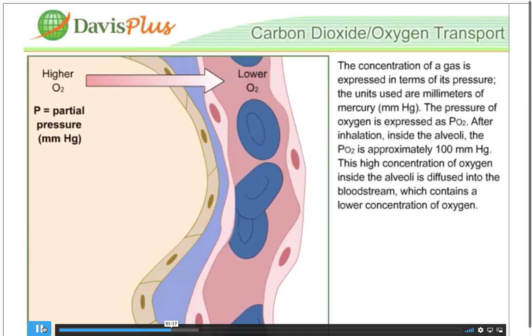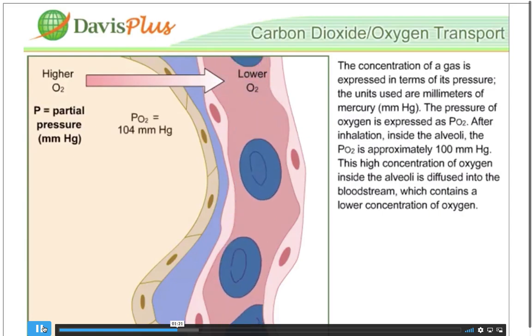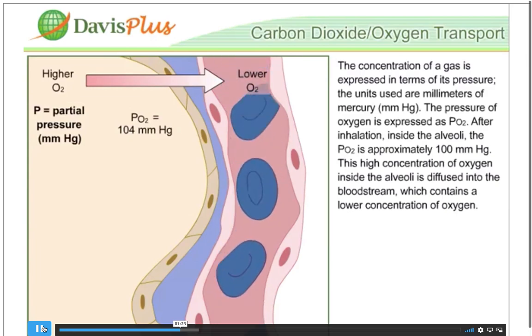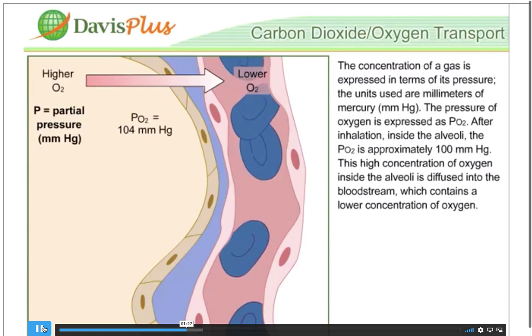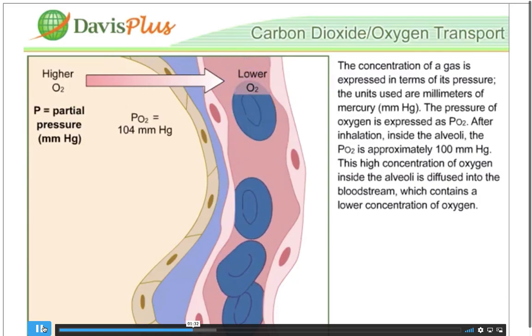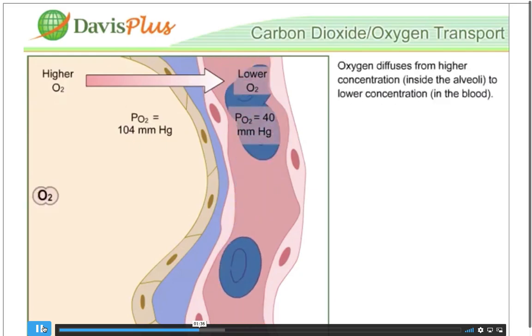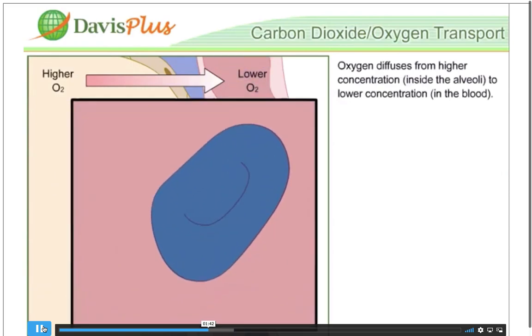The pressure of oxygen is expressed as PO2. After inhalation, inside the alveoli, the PO2 is approximately 100 millimeters mercury. This high concentration of oxygen inside the alveoli is diffused into the bloodstream, which contains a lower concentration of oxygen. Oxygen diffuses from higher concentration inside the alveoli to lower concentration in the blood.